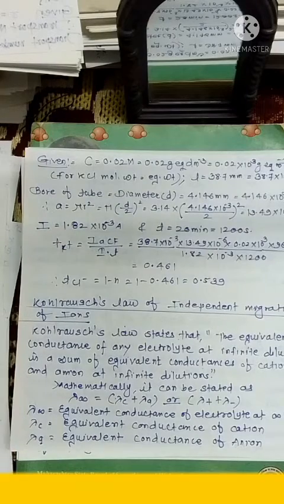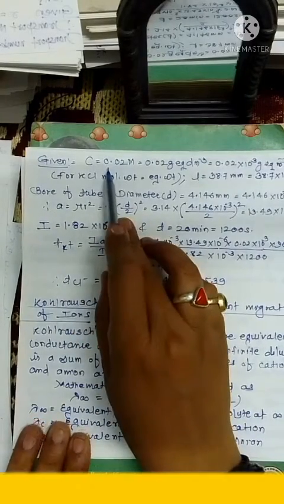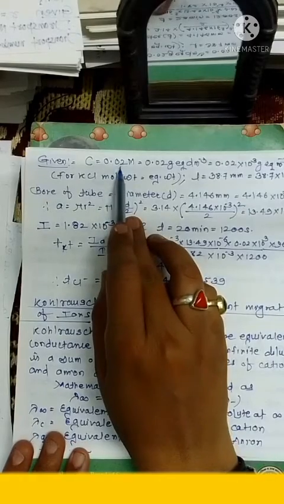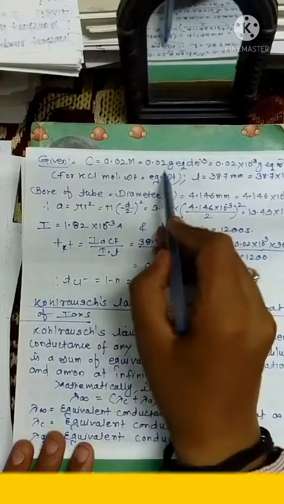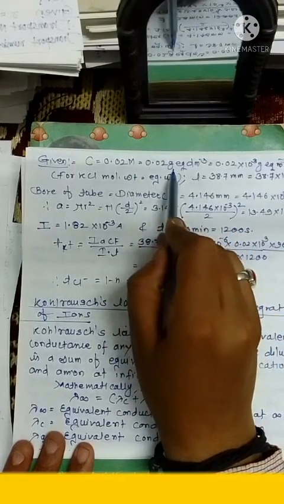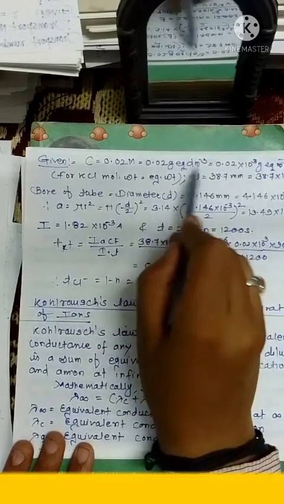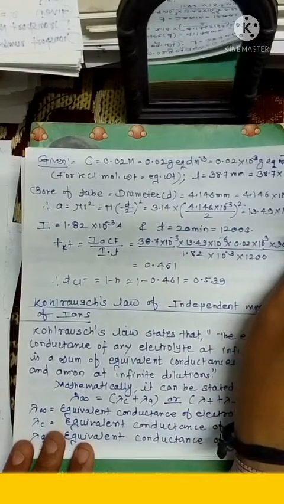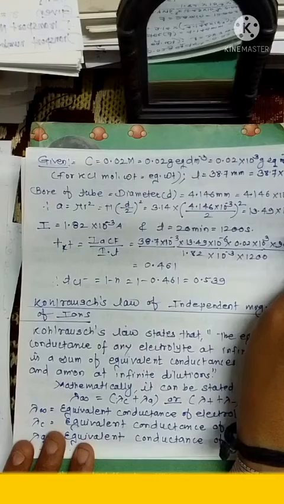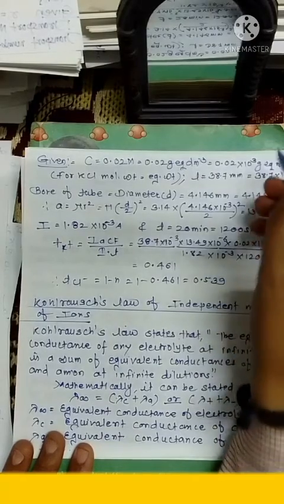Now concentration is given, that is C is equal to 0.02 molar, that is equal to 0.02 gram equivalent per dm³. Multiply this quantity with 10^-3.